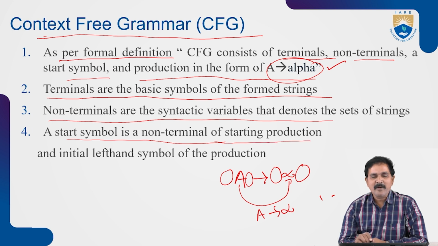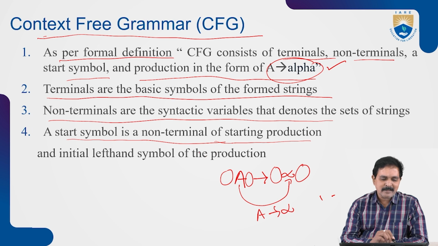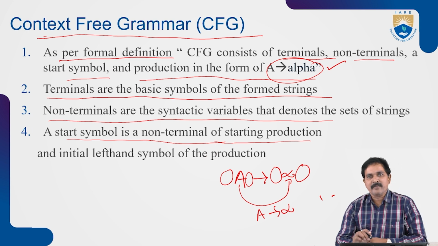Because a grammar may have several productions, among them we should identify the starting position, and in it the starting symbol. That's very important. So this is the major idea of context-free grammar.